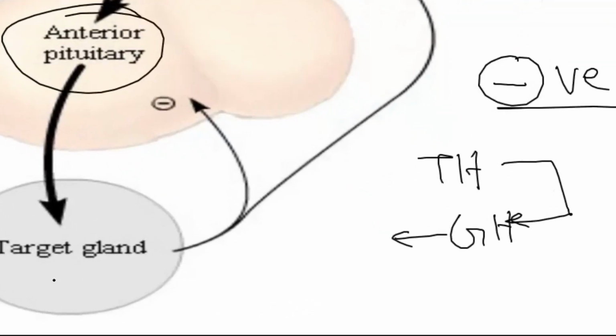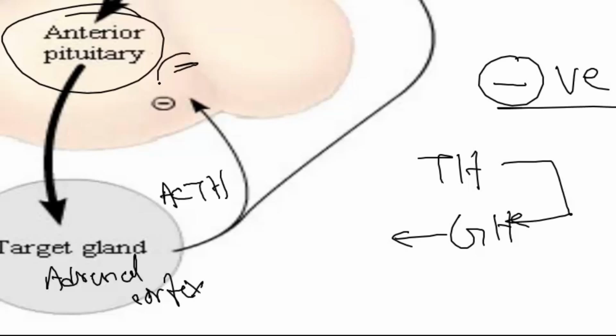So the target gland in this case is the adrenal gland or adrenal cortex. Once the adrenal cortex produces cortisol, this cortisol will go and inhibit the anterior pituitary from releasing ACTH.